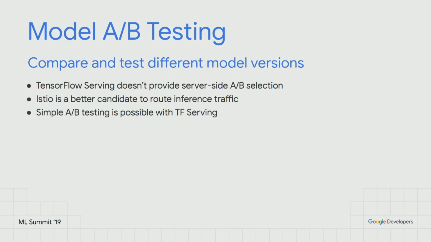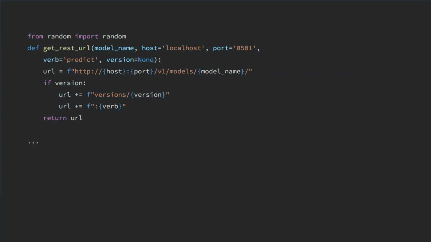A lot of people ask about A/B testing of models. While TensorFlow Serving does not support this on the server side, you can very easily implement client-side A/B testing. Remember earlier I showed you how you can define the different model inference URLs? Well, you can just swap out the version numbers. Here's a little function; feel free to use that.